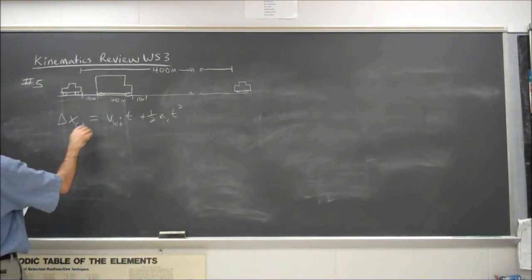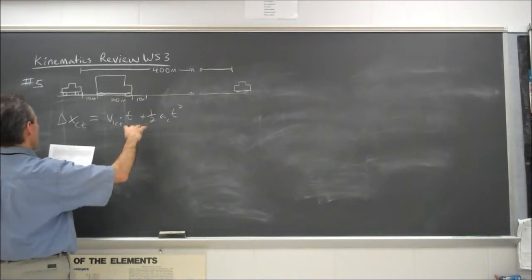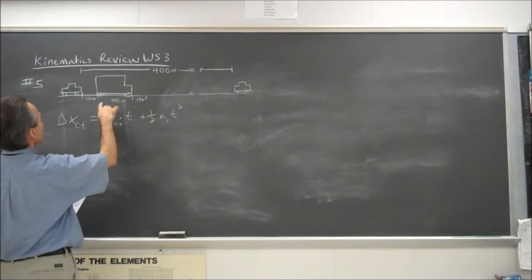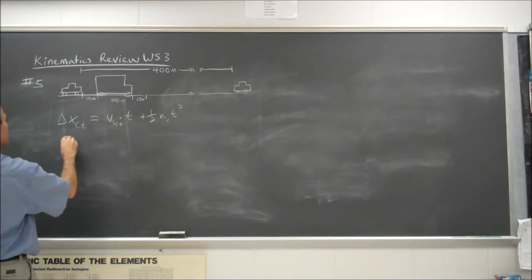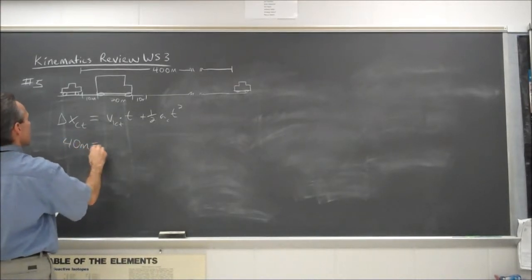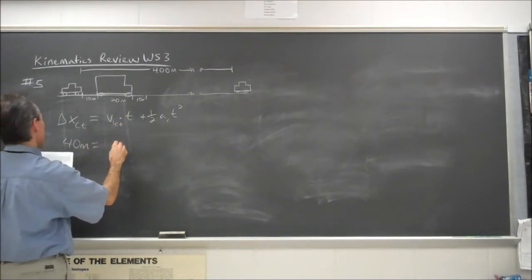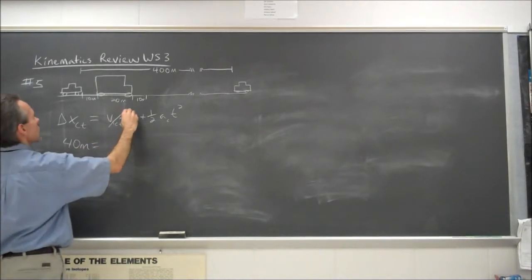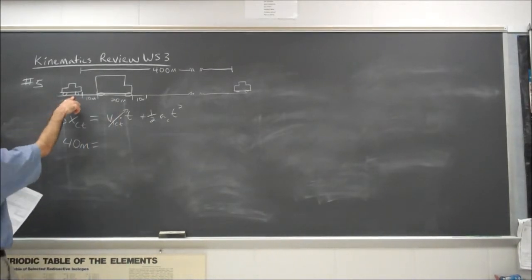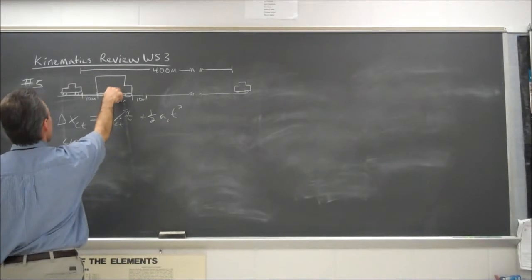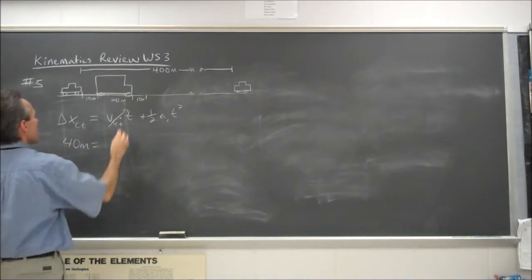We're trying to figure out the time from this. We'll see here that this is 20, this is 10, this is 10, so this is 40 meters. And this right here would be 0, because he's originally going 25 meters per second, compared to the truck, which is also 25 meters per second, is 0.